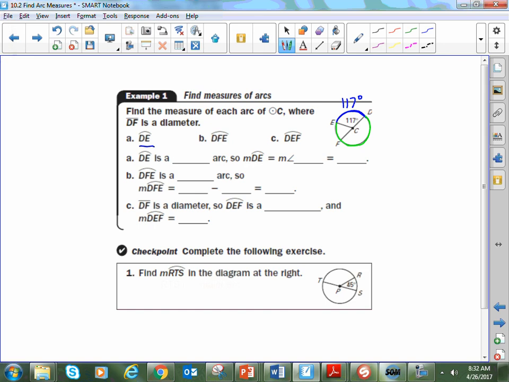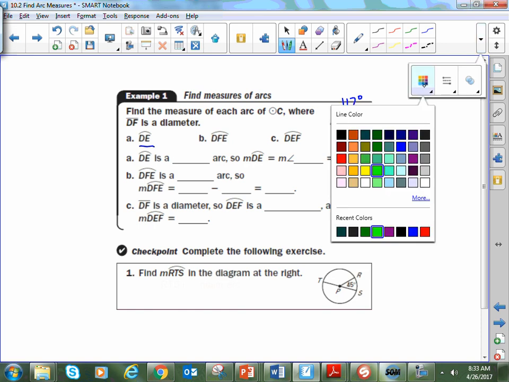Usually that middle letter is telling me, well, I have to go through here to get from where I started to where I finished. So I'm starting at D, I have to stop at E, and along the way I have to go through point F. So that's how we know that that's going to be a major arc. So if I subtract the 117 degrees of arc DE, then that gives me an arc here of 243 degrees.